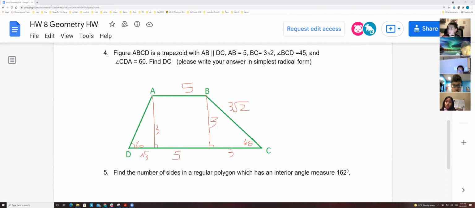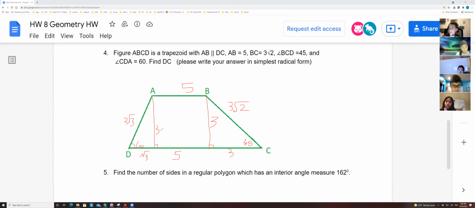And what about this side? This side would be 2 root 3, because we just mentioned this 30-60, right? When you have 30-60, the ratio will be 1, square root 3, and 2. Since this is 3, we know the basic element must be square root 3.